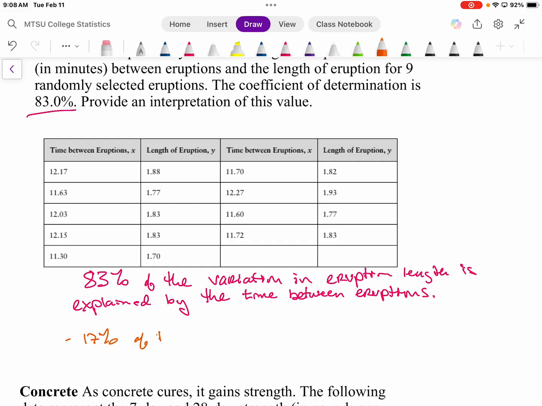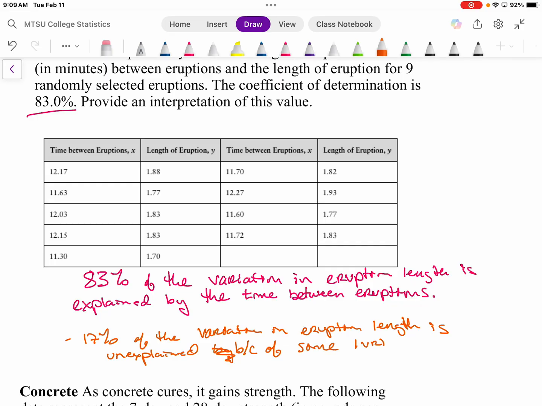And the remaining 17% of the variation in eruption length is unexplained. And I'm going to say because of some lurking variables.